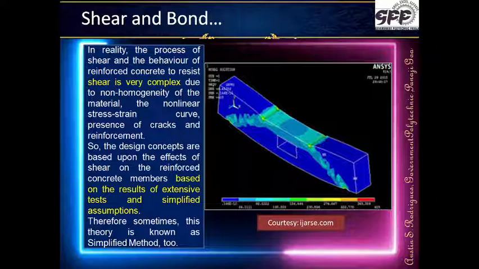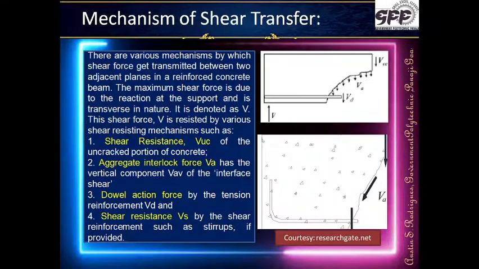Experiments have been done, test results have come out, and based on these test results and simplified assumptions, this theory and the design process have been based. So sometimes this theory which we are going to use is known as the simplified method, or the conventional method, the method which is regularly used.